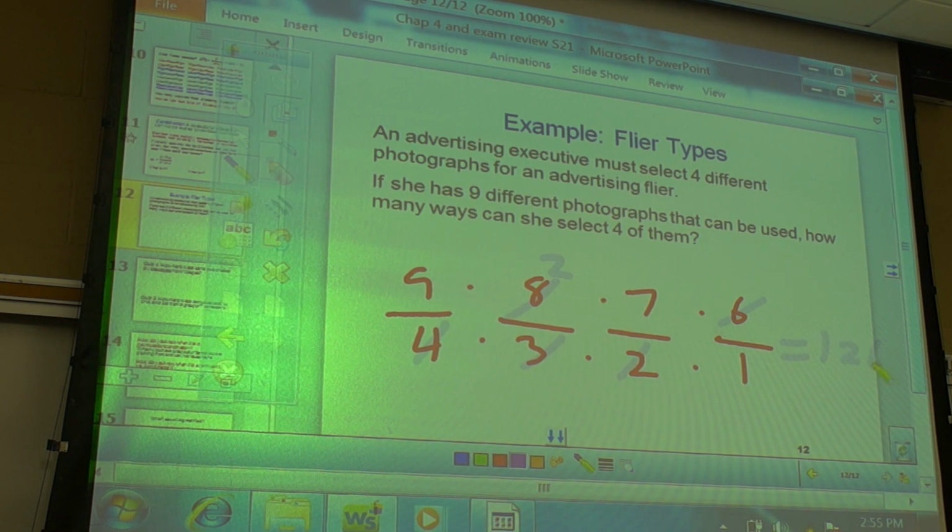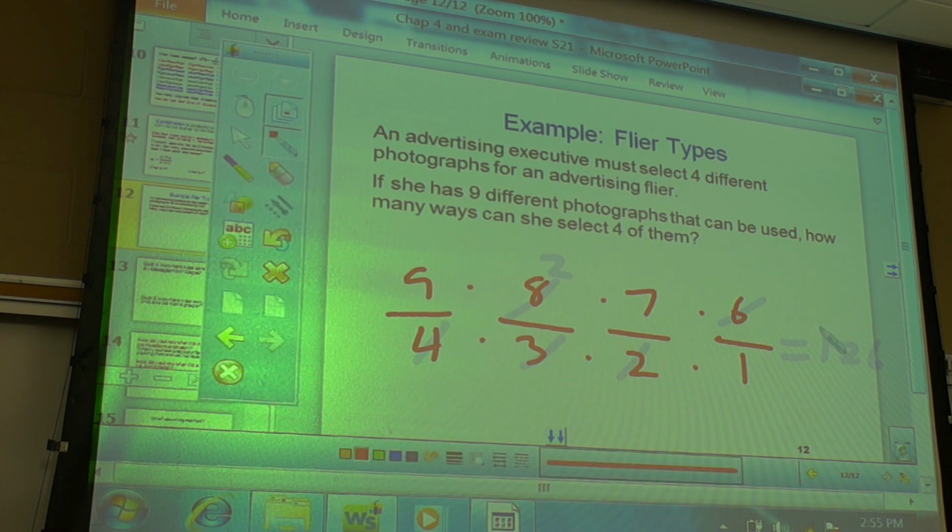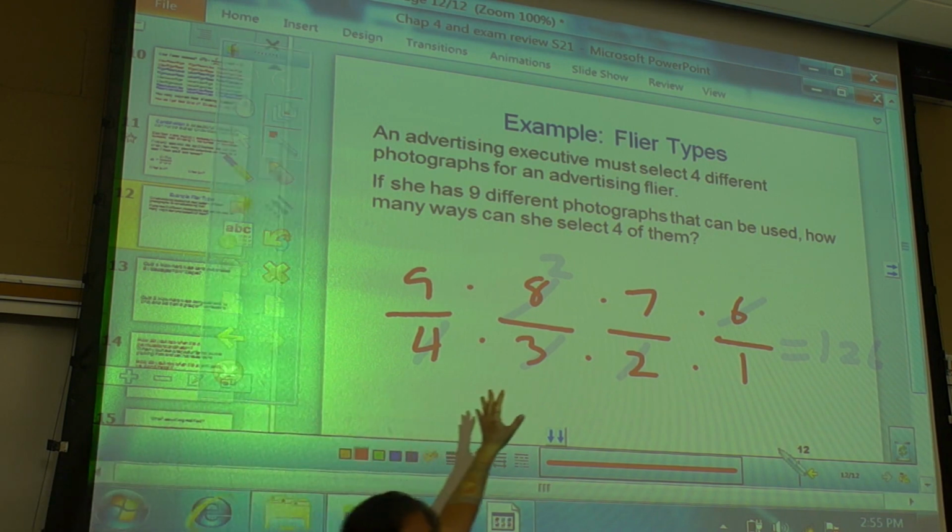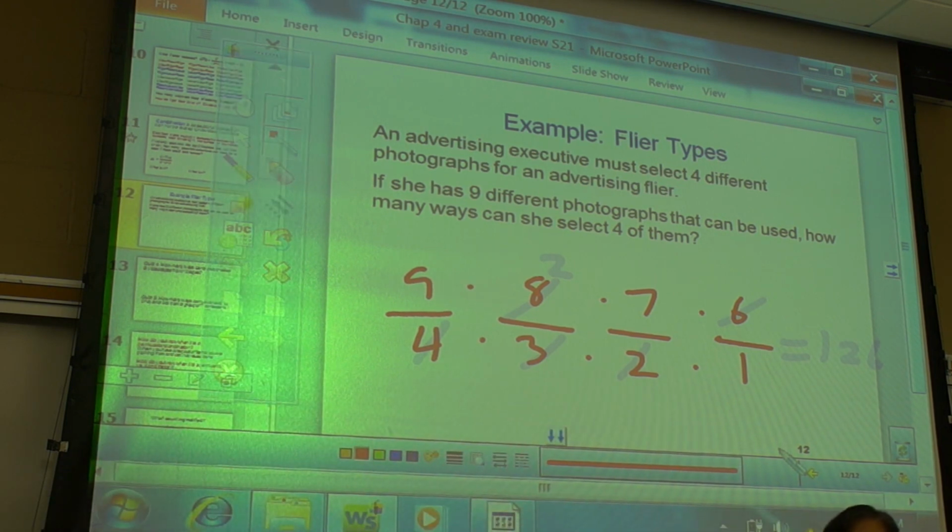126. So on the test, if one of these questions came up, could we write 9C4 and then do equals, or would you want to see this written out like that? I want to see these numbers written out. Maddie said, can I just say 9C4 equals 126?